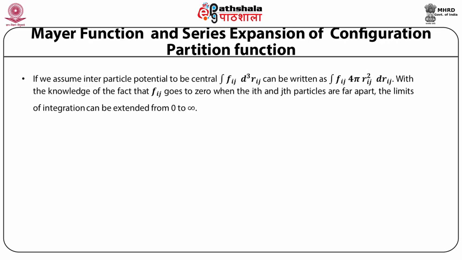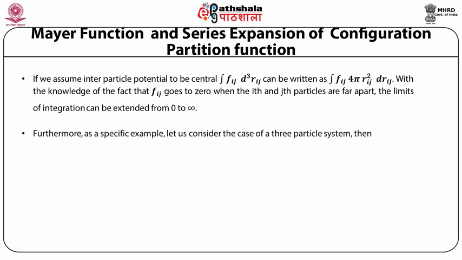If we assume the interparticle potential to be central, the integral of fij d³rij can be written as integral of fij 4π rij² drij. With the knowledge that fij goes to 0 when the ith and the jth particles are far apart, the limits of integration can be extended from 0 to infinity.